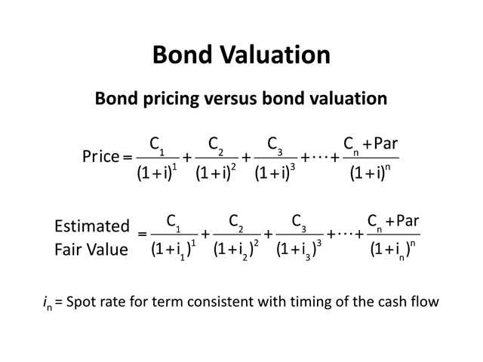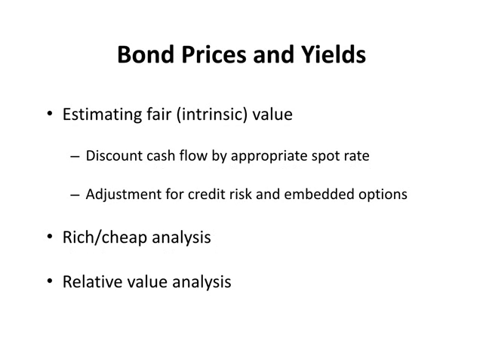This is a common methodology for estimating the fair value of Treasury securities, that is, discount each of the periodic coupon or principal payments by a spot rate having a term consistent with the timing of that cash flow. This is a common approach for estimating the fair value of Treasury bonds or notes.